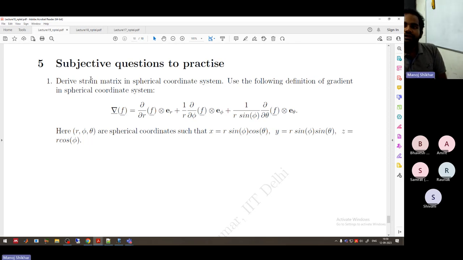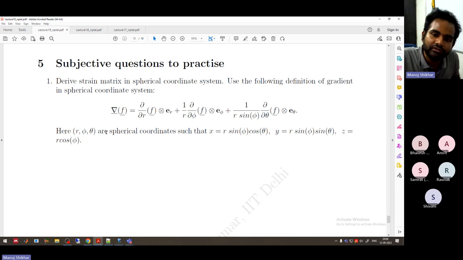While finding the gradient, while finding the strain matrix, you will first have to calculate the gradient of U. And you have to write U in a spherical coordinate system. Like for the cylindrical coordinate system, we wrote it as UR, ER plus U theta, E theta plus UZ, EZ. In this case, you will write it in the spherical coordinate system.